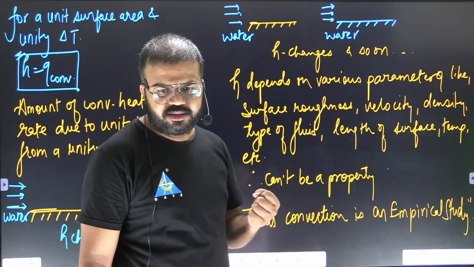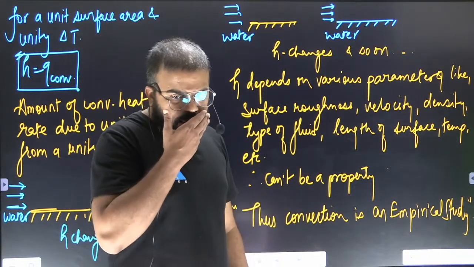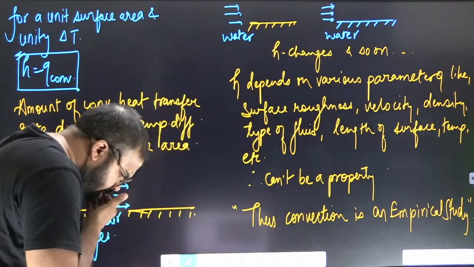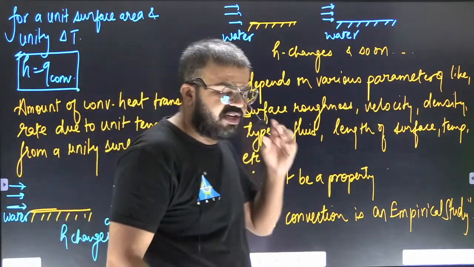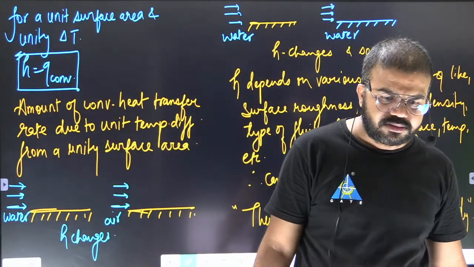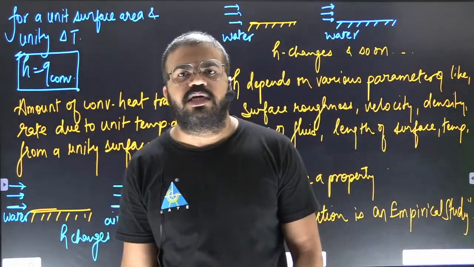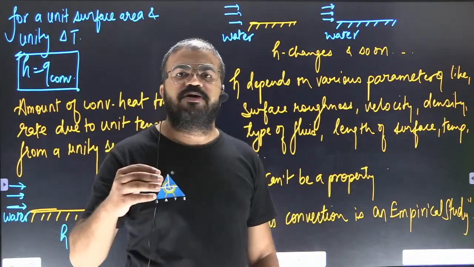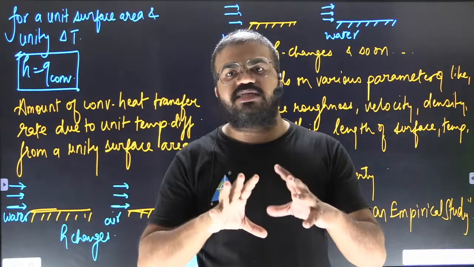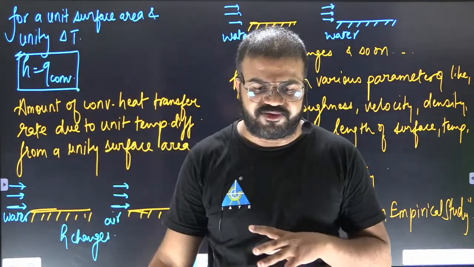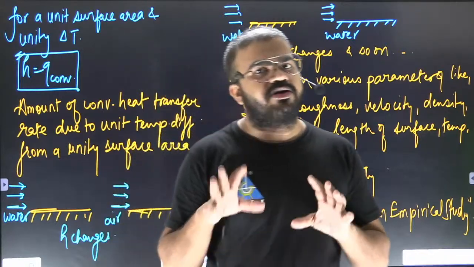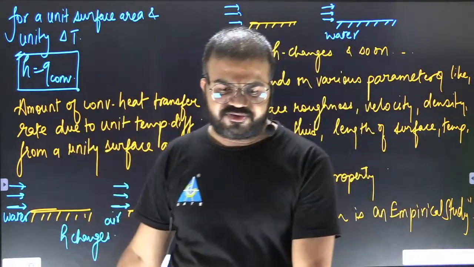It is never a property. So people spend their lives just calculating them, and hence empirical formulae have been developed for them. But we'll study those empirical formulae in a way that you will be able to retain them for a longer duration of time. Okay?